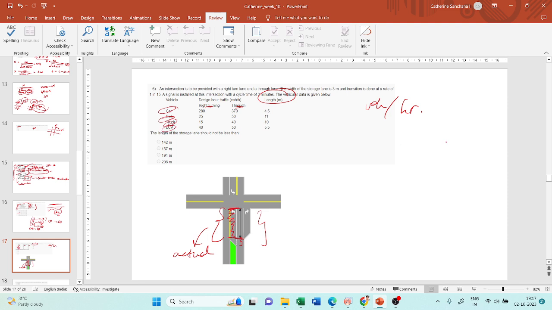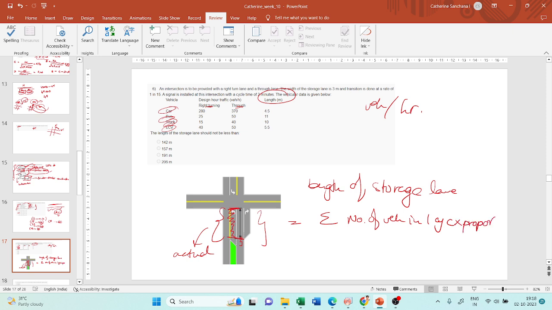So the formula to find out the length of the storage lane is the summation of the number of vehicles in one cycle, for a signal, into the proportion of traffic, into the length of vehicle.